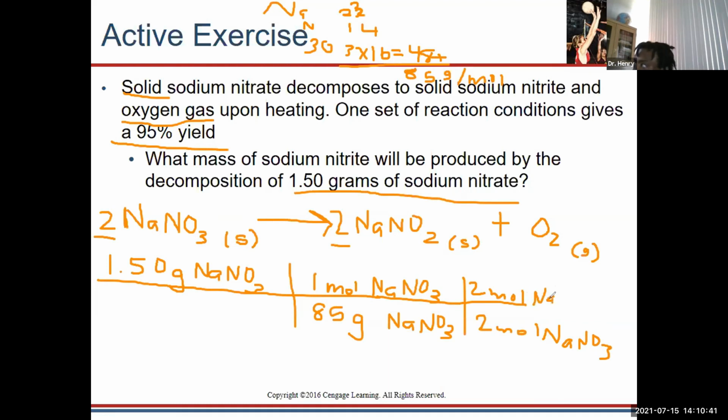And now we need the molar mass. So we could probably just subtract this 16 from here. Would that be the same? You mind if I put it on the other line, down here?